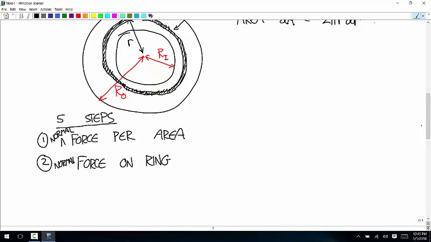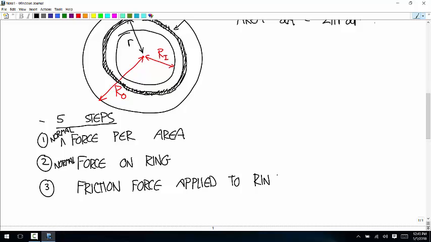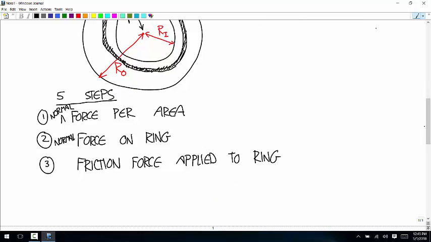Once we have the normal force on that ring, we can calculate the friction force applied by that ring, or to that ring. Once we have that friction force, we can figure out the moment that that friction force applies.